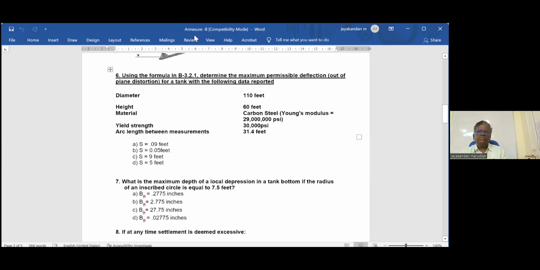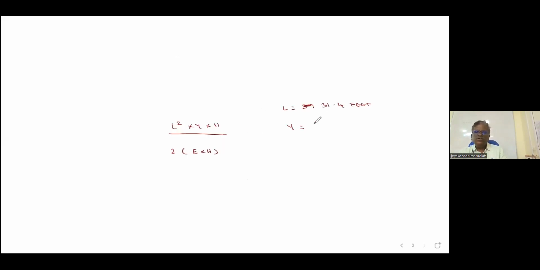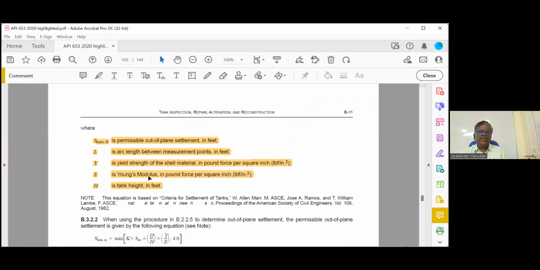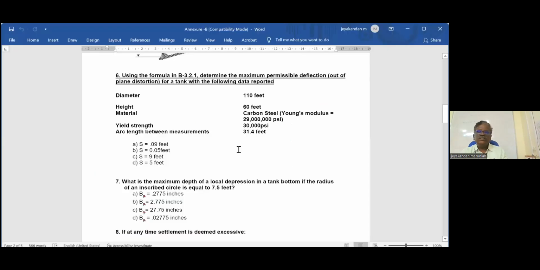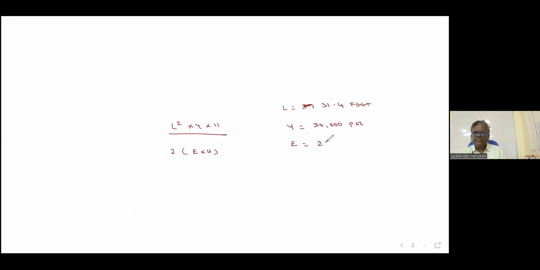And E is the Young's modulus in PSI, which is 29,000,000 PSI.